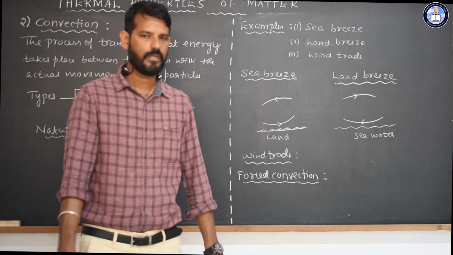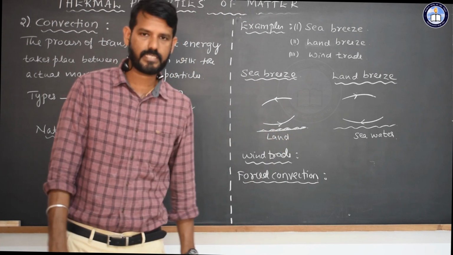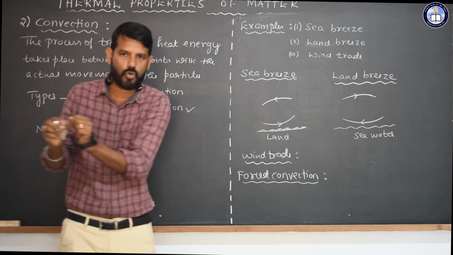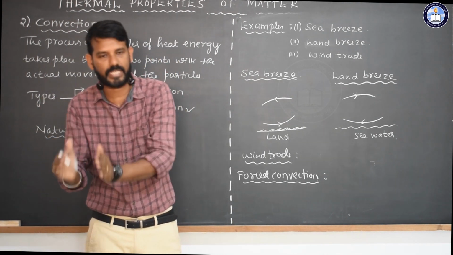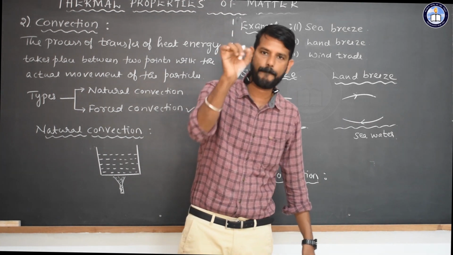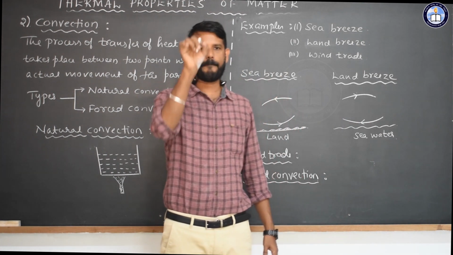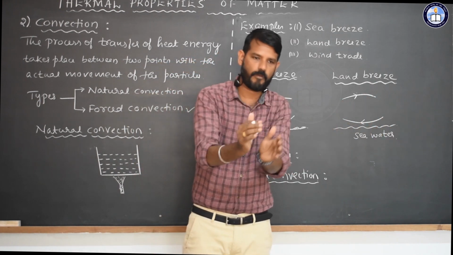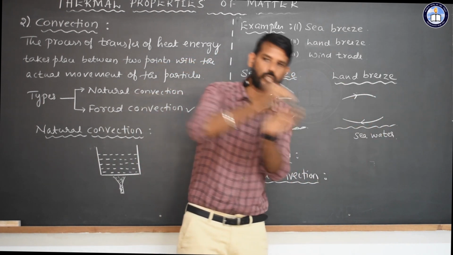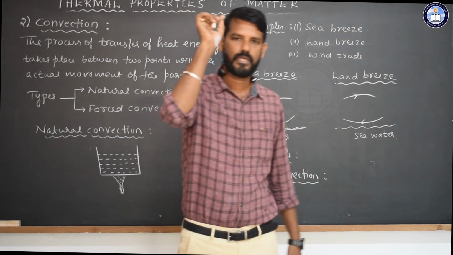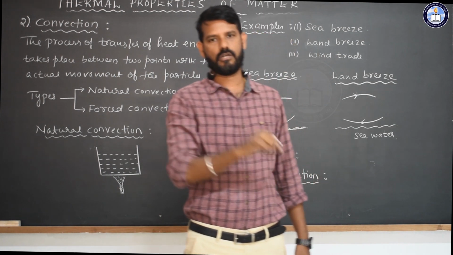Once again, forced convection is where we have to use an external source to take this heat energy from one region to another region. An external pump is required to carry the energy from one place to another place. It may be from a hotter region to a colder region or a colder region to a hotter region. We need an external agent or a pump.